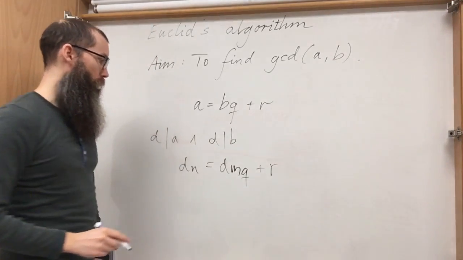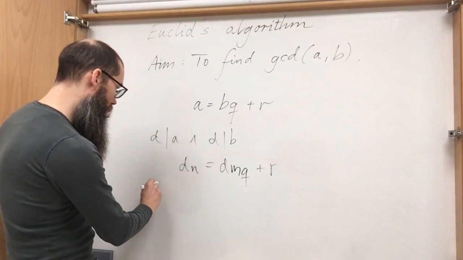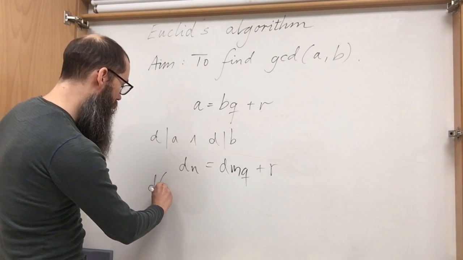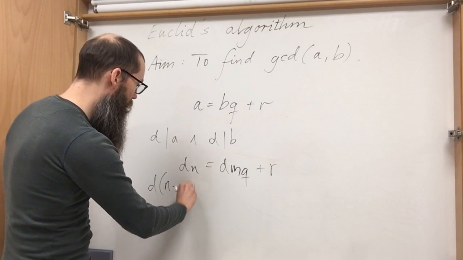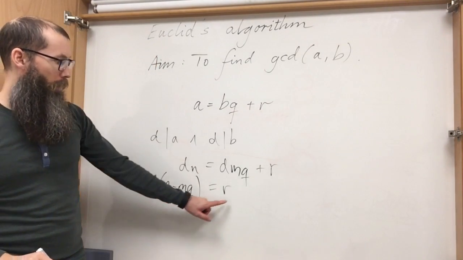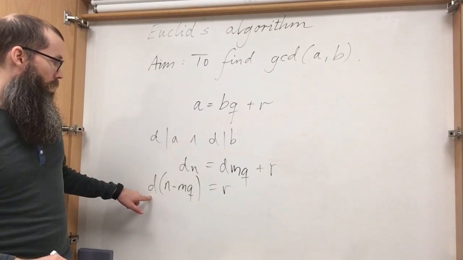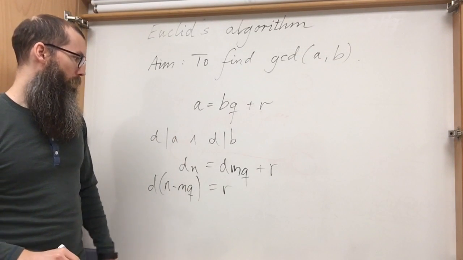So the equation transforms to this equation. If I move this term to the left side and factorize D, I get D times (n minus mq) equals R. So we see that D is also a factor of R. So D is a common divisor of all three of these.